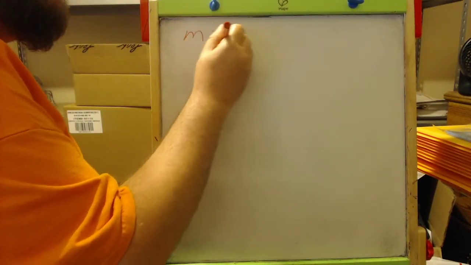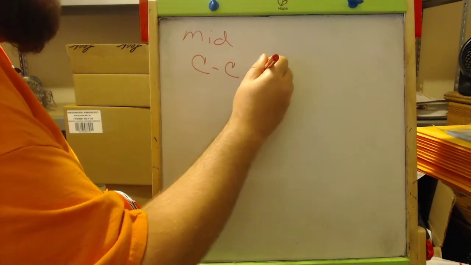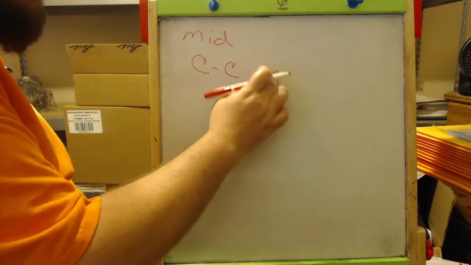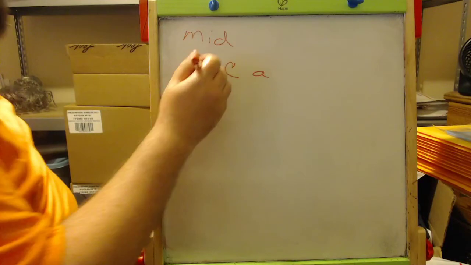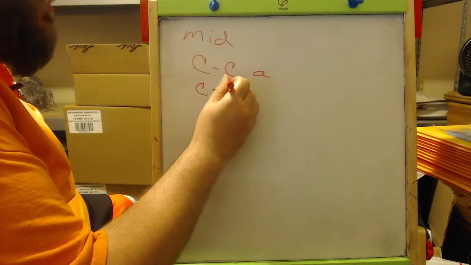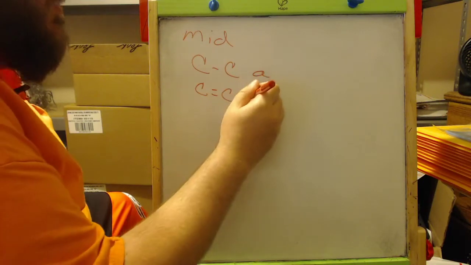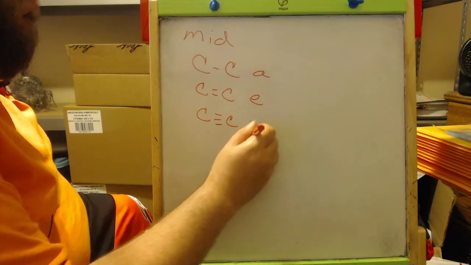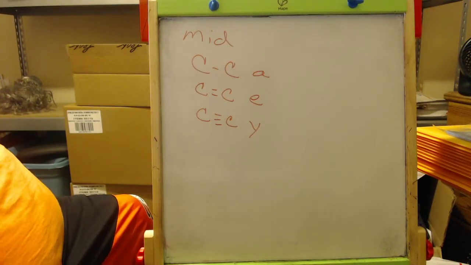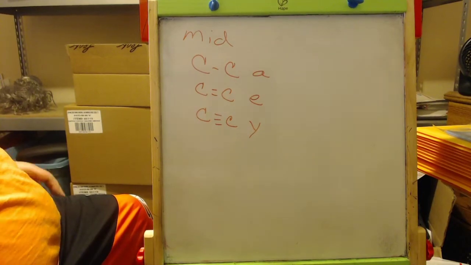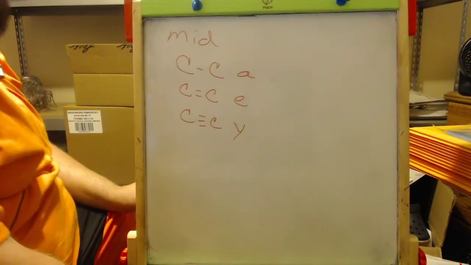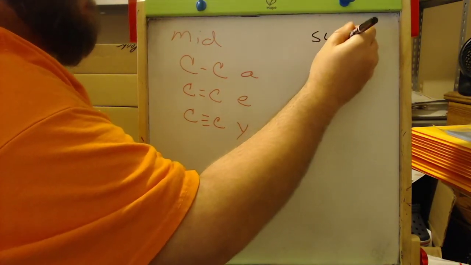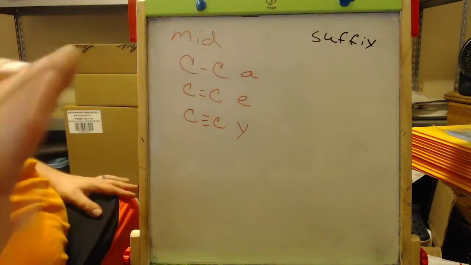A carbon to carbon single bond, the middle is an AN, or an A. We'll just go with an A. A carbon to carbon double bond is an E. And at least one carbon to carbon triple bond is a Y. And then your suffix depends on your functional group, and we're going to start with hydrocarbons only.